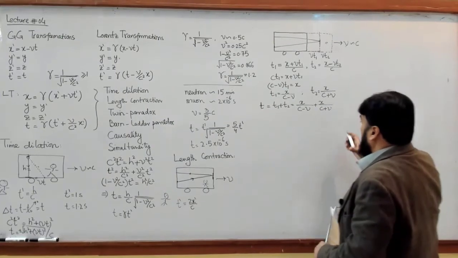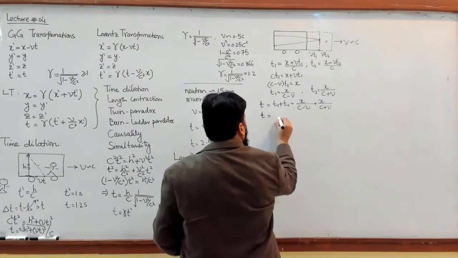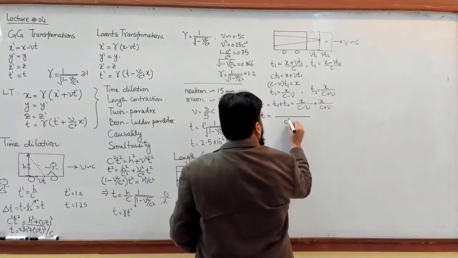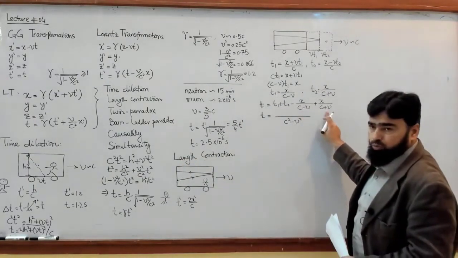Now if I take the LCM, it is c squared minus v squared, or c minus v times c plus v.